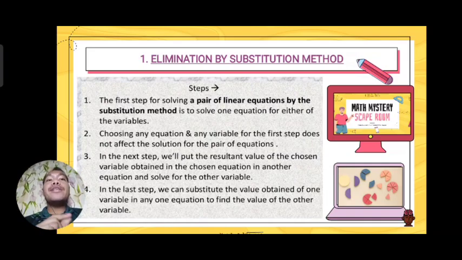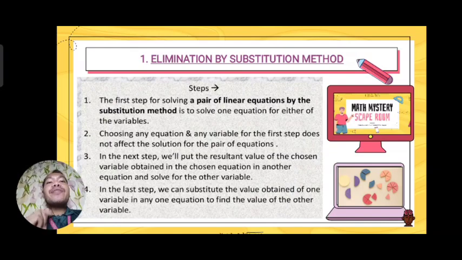The first step for solving a pair of linear equations by the substitution method is to solve one equation for either of the variables. Choosing any equation and any variable for the first step does not affect the solution of the pair of equations.